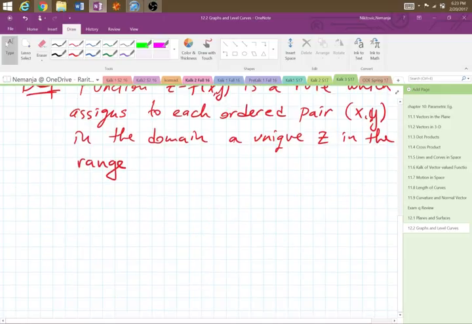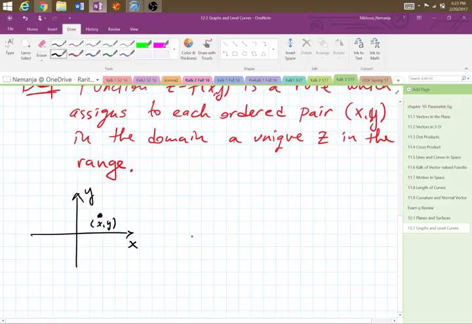So now the mapping looks like this. We have the xy plane and a point x, y somewhere, and then we have a z-axis, so that maps into some value z.